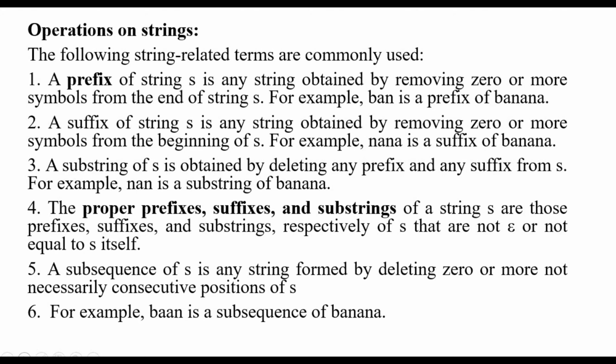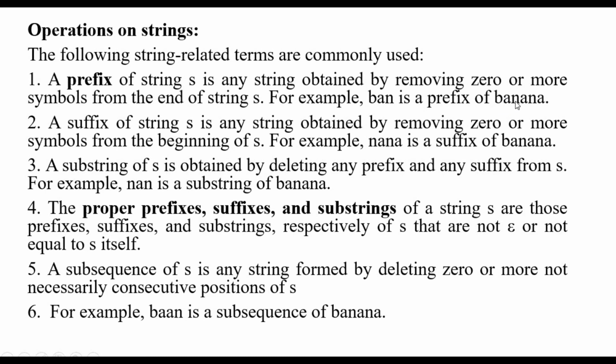A prefix of string S is any string obtained by removing 0 or more symbols from the end of string S. For example, BAN is a prefix of banana. So it takes the starting 0 or more symbols from the leading part of the string.